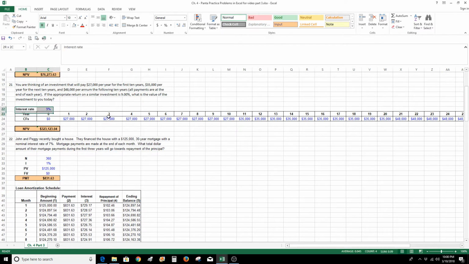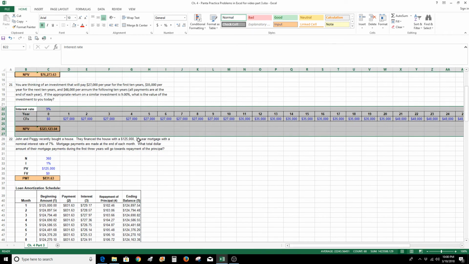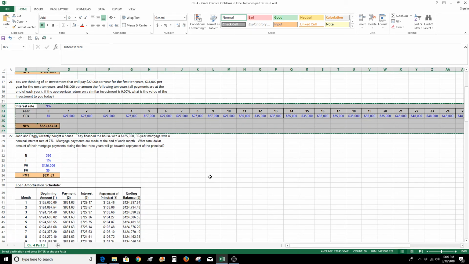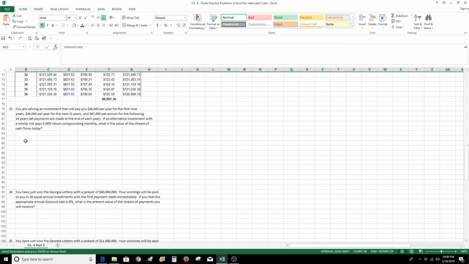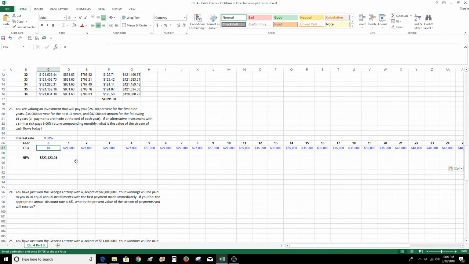So we can go ahead and take this template that we started up here for net present value of cash flows, copy that down here. And we want this to go out, so it's got 9 years, it's got 11 years, and it's got 14 years.